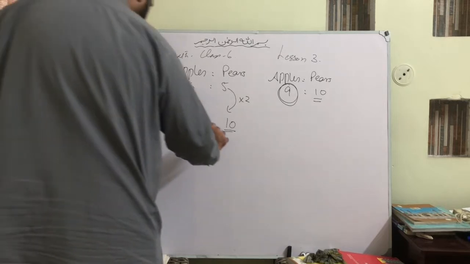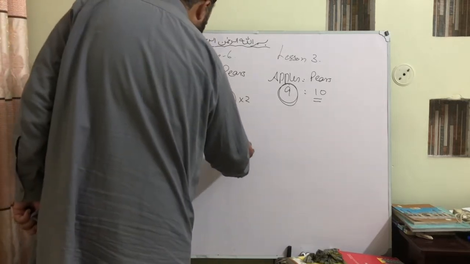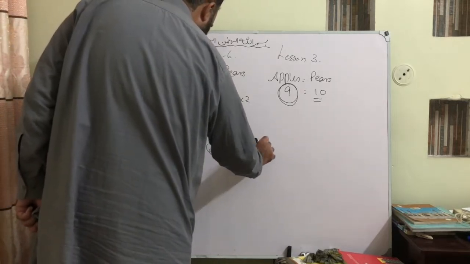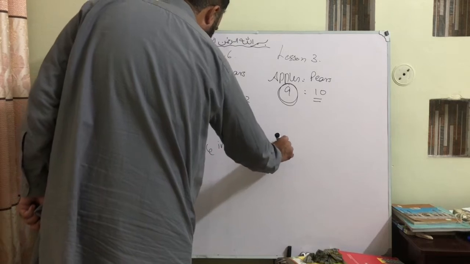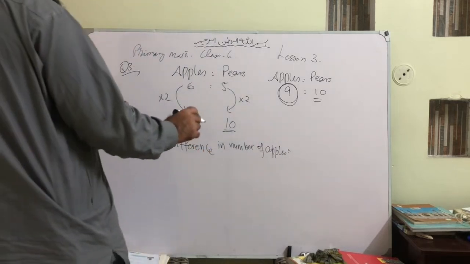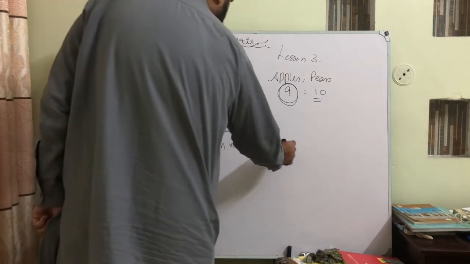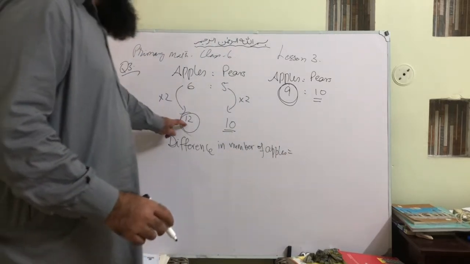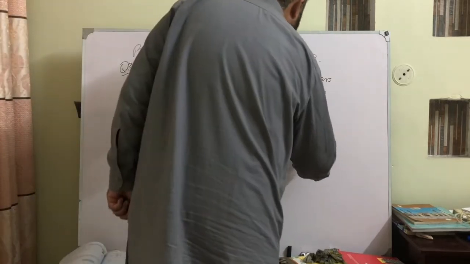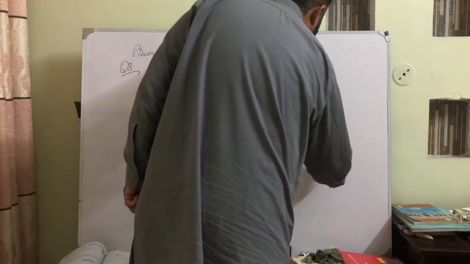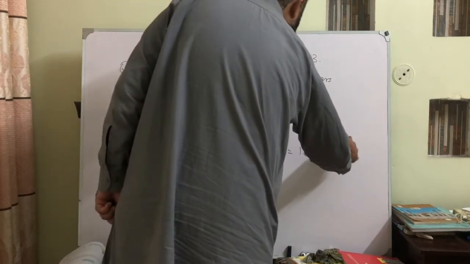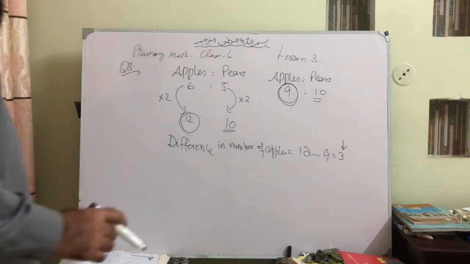So we'll be finding out the difference in the number of apples because apples were sold. What we'll do is just subtract. This is 12 and this is 9. Okay, 12 minus 9, 3. So 3 is basically the difference.